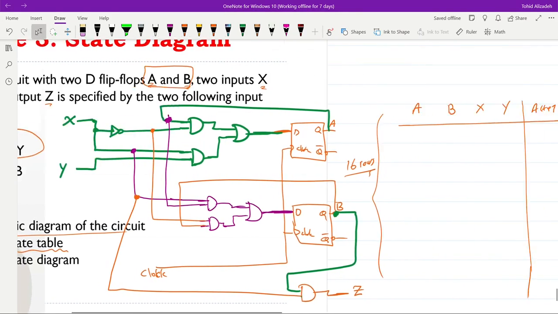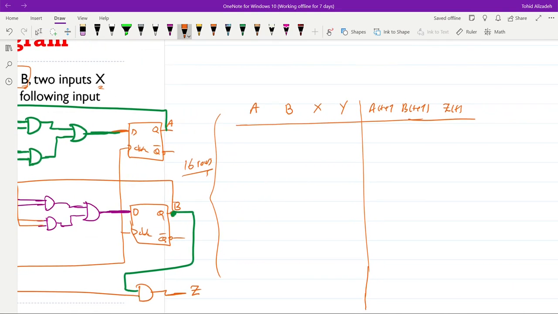So to derive the state table, we would need to fill the input side with 0, 0, 0, 0 up to 1, 1, 1, 1. So I'll do it quickly.